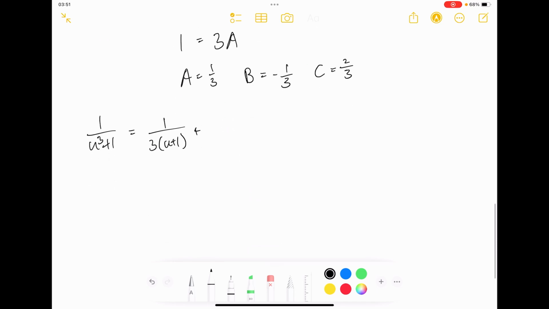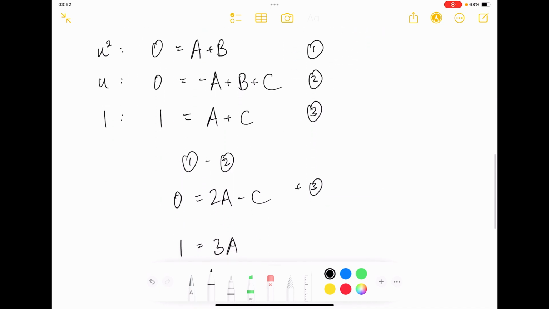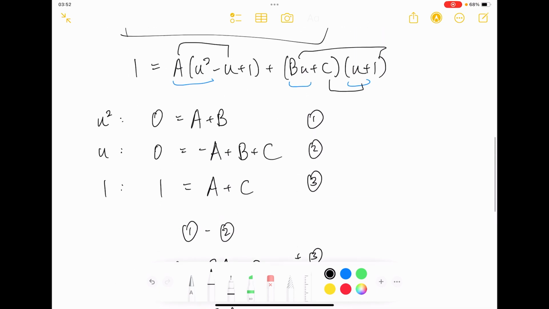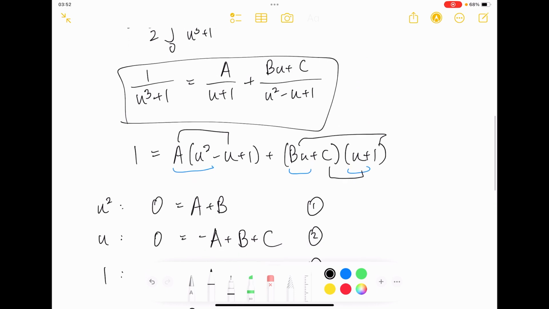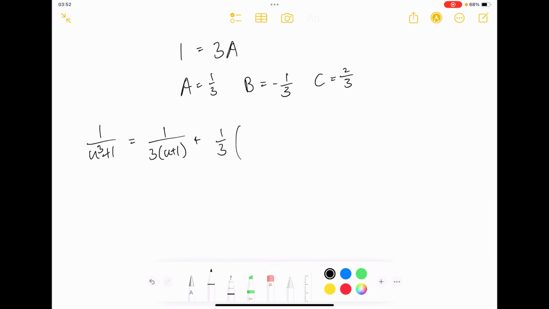So we're going to have a third times, what is it, negative 1? Yeah, for B it's negative 1, so it's negative u plus 2/3, which is 2. So negative u plus 2 divided by the quadratic bit. So, no, that should be a minus u.